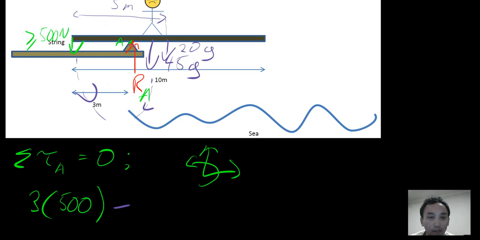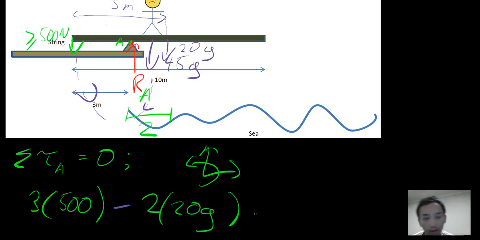If it's 5 meters to reach the center of mass, then it's going to be the difference between 5 and 3, so this distance here is 2. So we have 2 multiplied by 20g. The only other force that gives torque is the 45g. The R can be disregarded since it's acting at the point where we take our sum of torques.